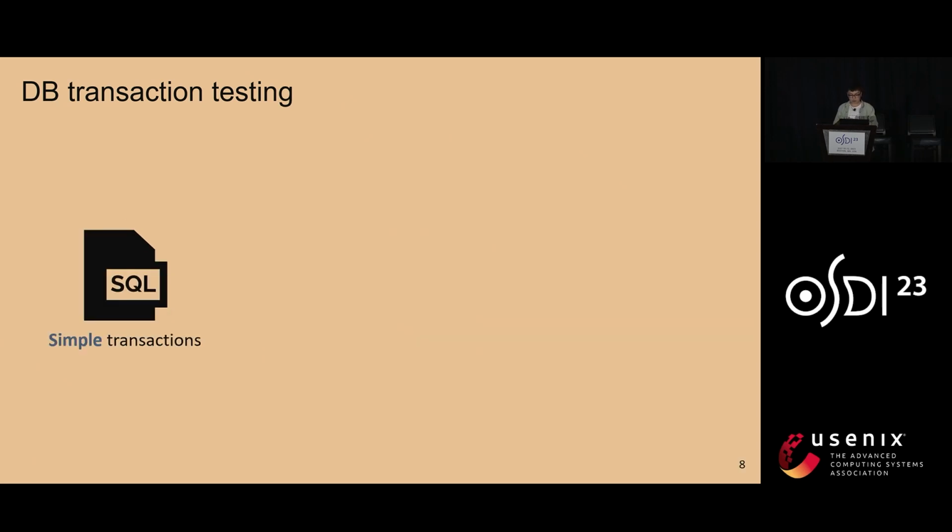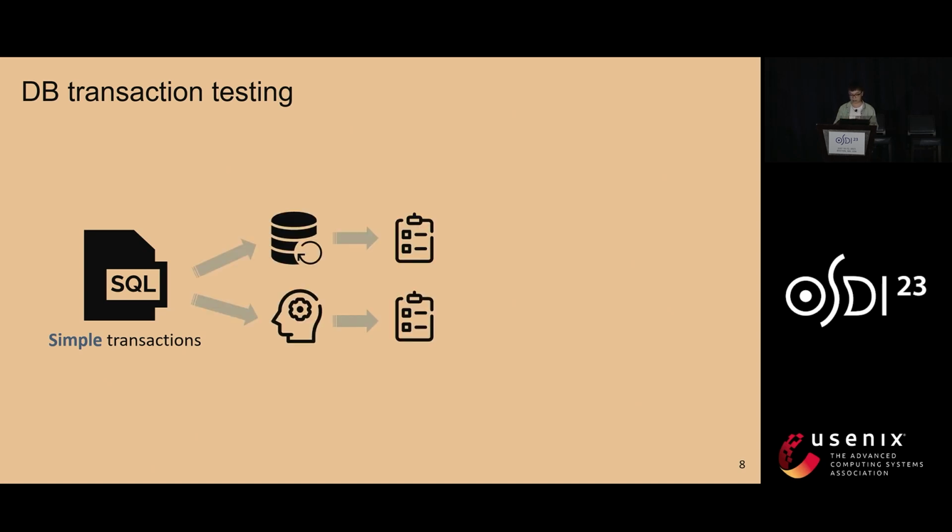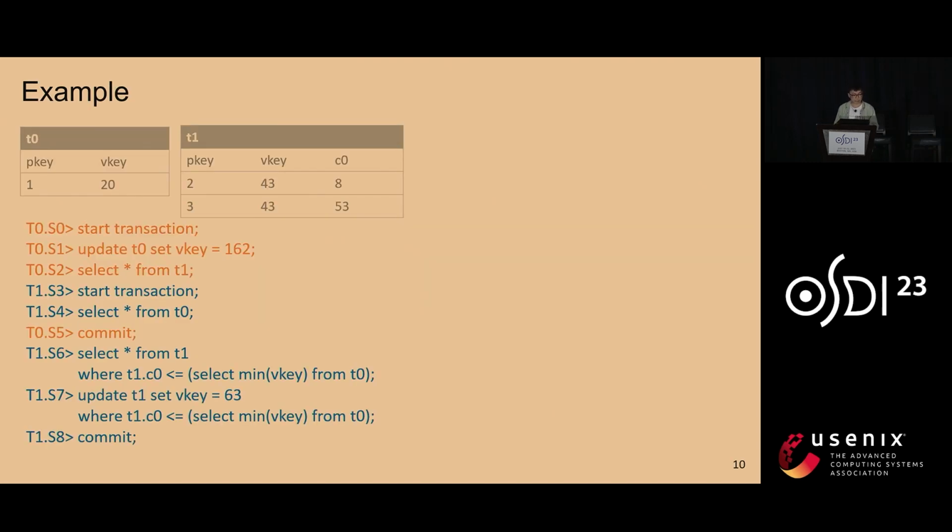To solve this problem, if we were testing a simple transaction, we could try to infer the expected result of the transaction execution and then compare the expected result with the actual result. If they differ, there's a bug. But it does not work when the transaction becomes complex. Here is an example of a complex transaction. There are two tables and two transactions interleaved here.